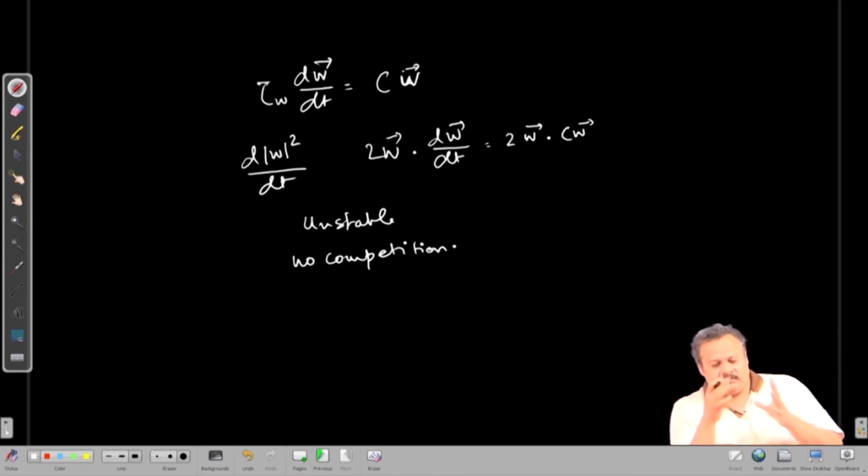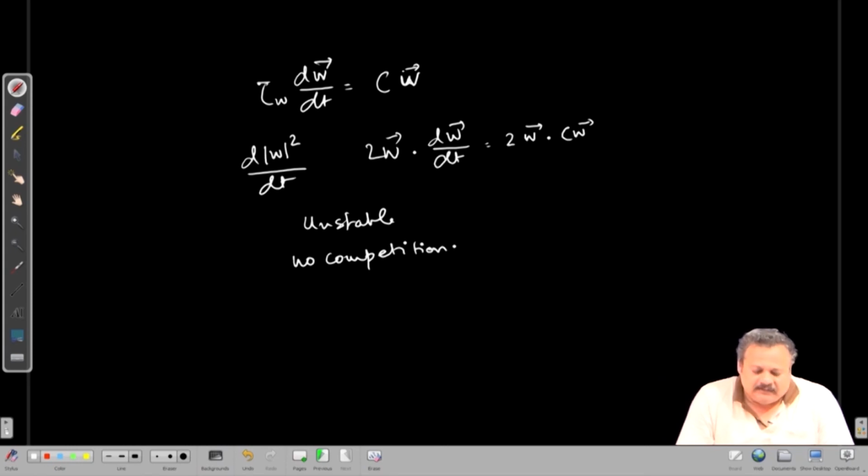That is, when some synapses strengthen, other synapses weaken to maintain a level of activity. And so, without the competition, there is a blow up of the output activity.